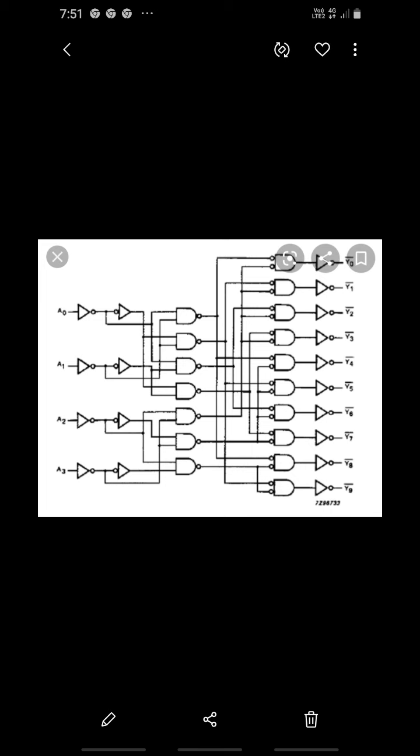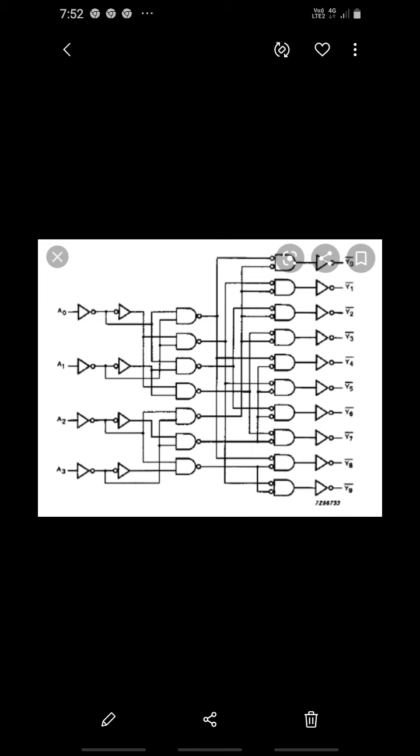And next take Y1. So Y1 is equal to A0 bar, A1 bar, A2 bar, A3. You can take these four different input terminals and draw the AND gate. And next take Y2 output.